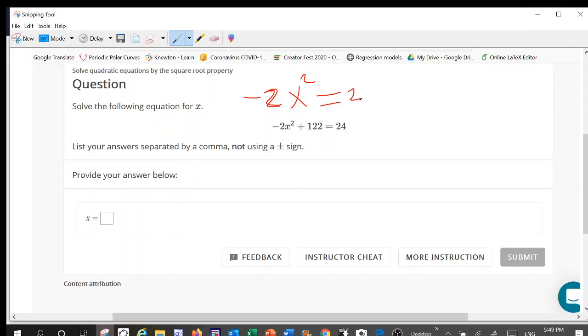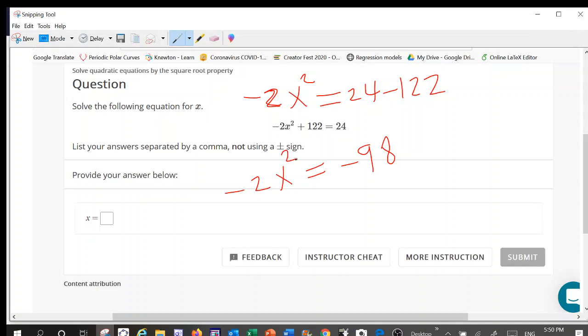So we're going to move that 122 to the right side. And then what is 24 minus 122? That would be minus 98, right? So that's negative 2x squared.